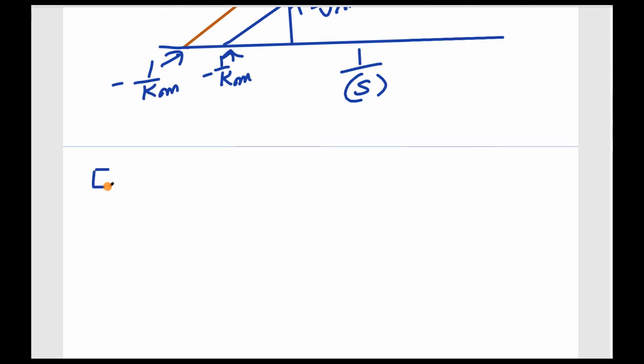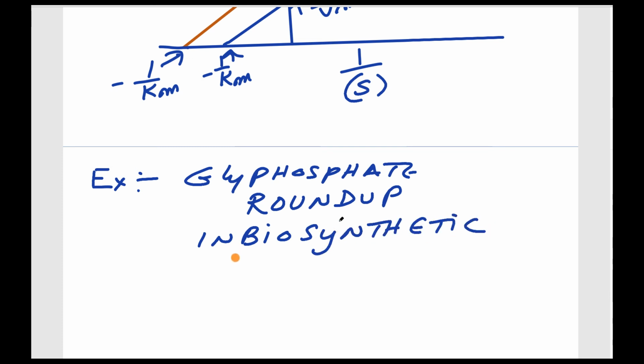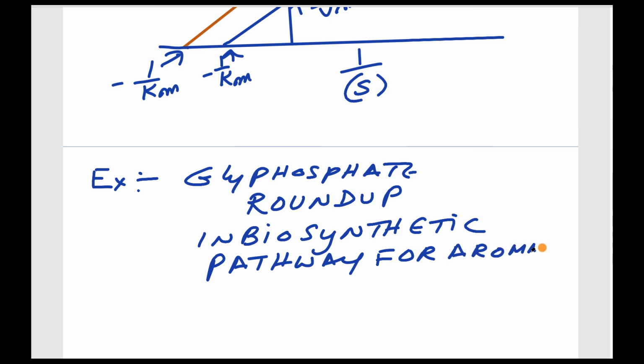I'll give some examples of uncompetitive inhibitors. Glyphosate, of course, is not related to humans. It is also known as Roundup. It is an uncompetitive inhibitor of an enzyme in the biosynthetic pathway for aromatic amino acids in bacteria.